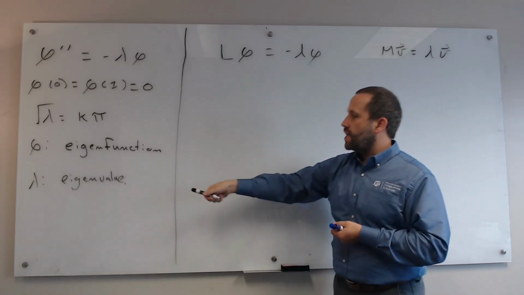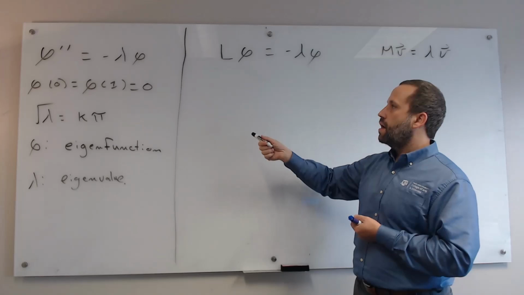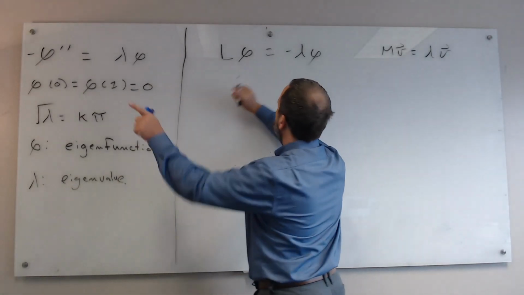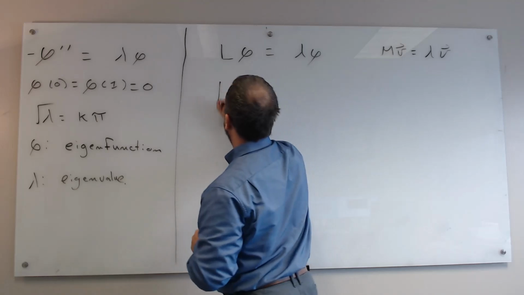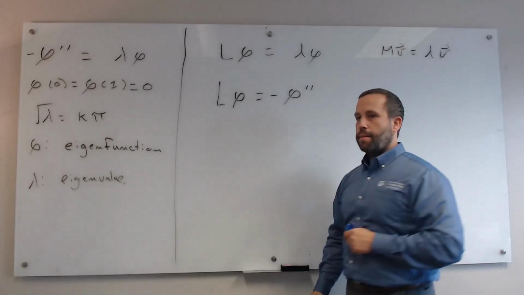Now the only hitch here is that lambda is the eigenvalue, not minus lambda. So typically we want to write it in this equivalent form, where L is equal to minus the second derivative. So L phi is equal to minus phi double prime.